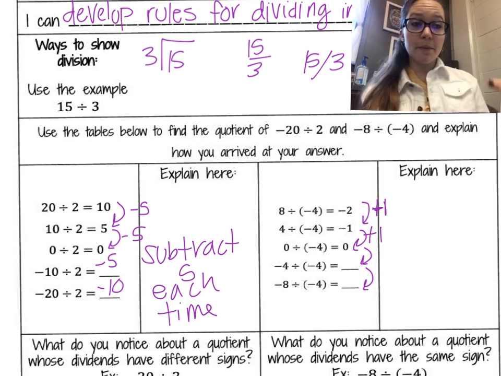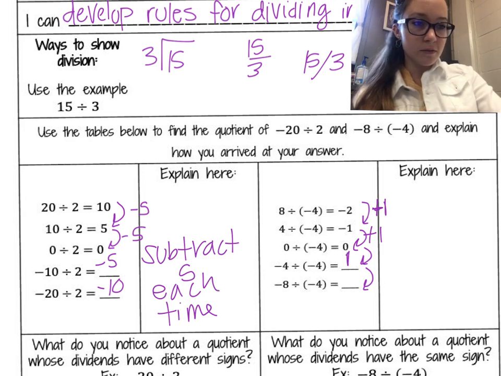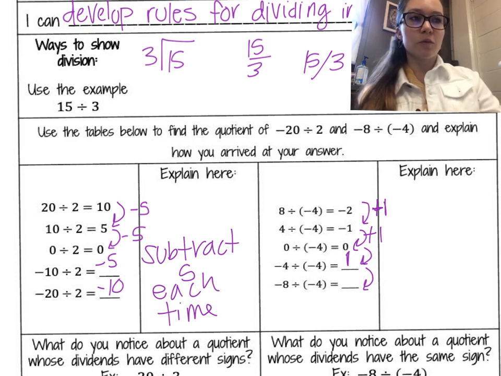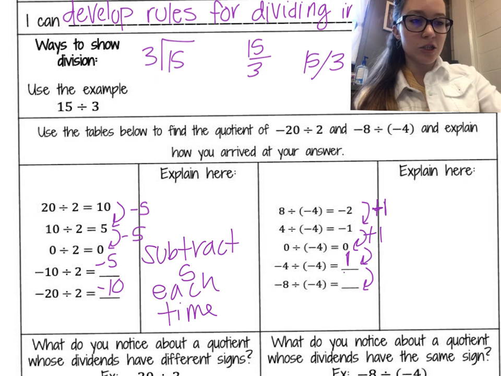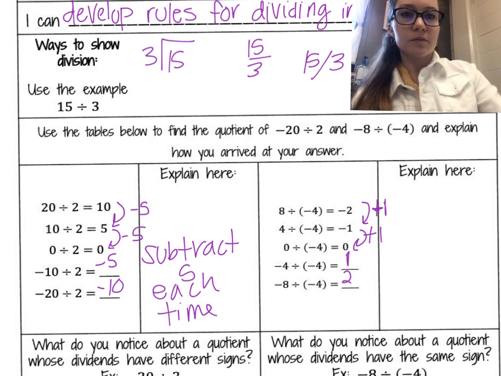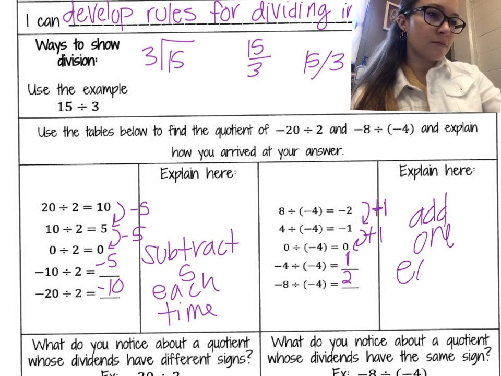And I'm going to continue that pattern to fill out the table. So negative 4 divided by negative 4, 0 plus 1 is positive 1. Negative 8 divided by negative 4, from 1 to the next one, I'm going to add 1 and get 2. So this is what your table should look like. And how we did that was that we added 1 each time.